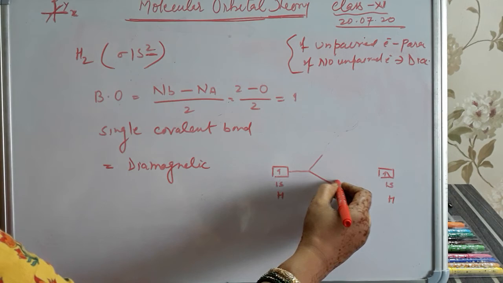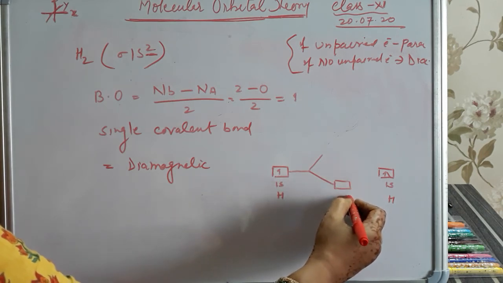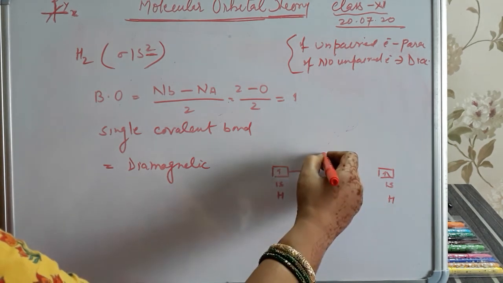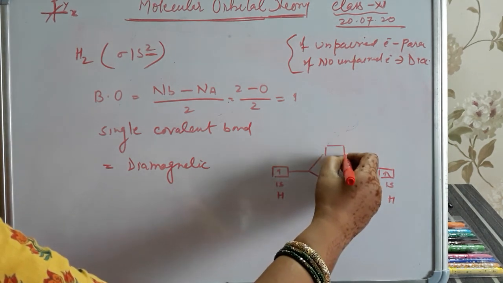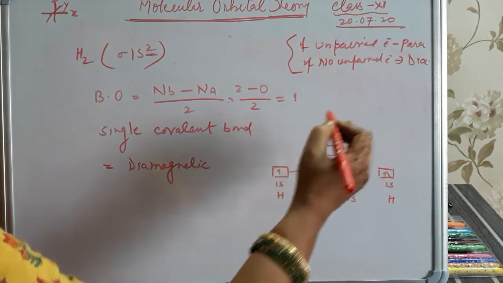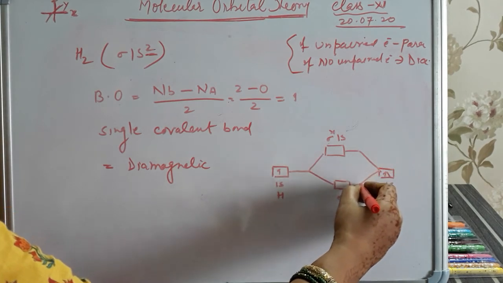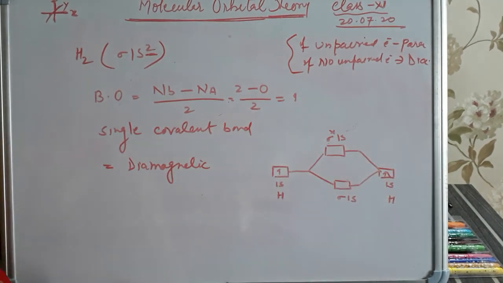So it has 1 sigma bonding, sigma 1s, and it has 1 sigma anti-bonding 1s. In this way it forms 2 types of molecular orbital.